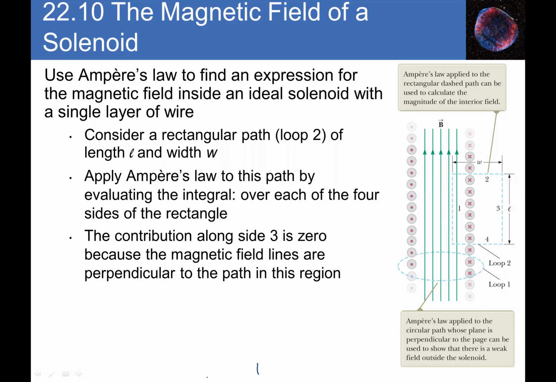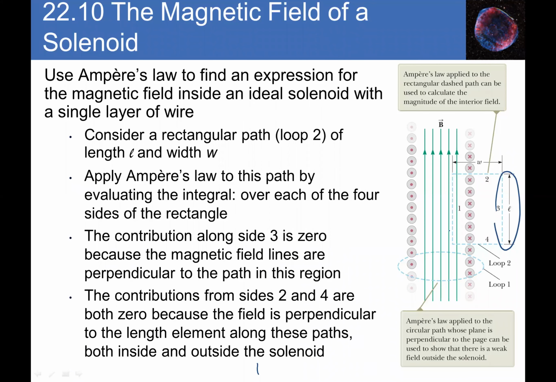That means if I'm looking at this, it is 0 because the magnetic field lines are perpendicular to the path in this region. So I can just basically ignore that. The contribution from sides 2 and 4 are both 0 because the field is perpendicular to the length element along these paths, both inside and outside of the solenoid.